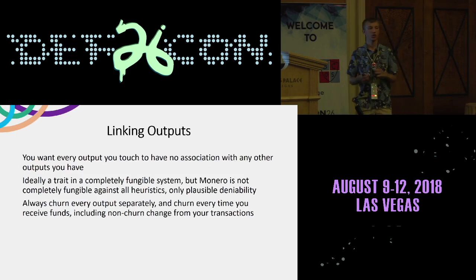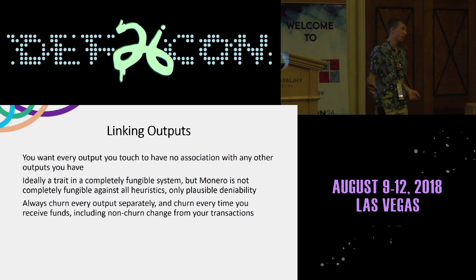And then in the most extreme case, you might want to say, every single output I touch should have no connection to any other output. And ideally, you're like, okay, wait a minute. Isn't this essentially fungibility, right? That every output is not connected to each other, there's no past history. And you're right that ideally, under a perfectly fungible system, every output would be completely independent.